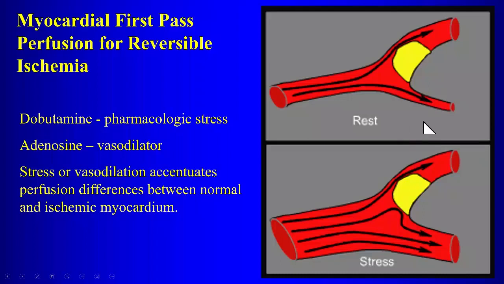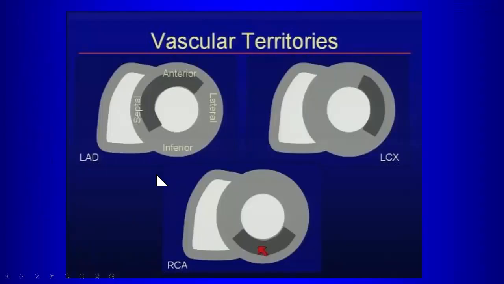But when you stress the patient, or induce pharmacologic vasodilation, you dilate the vessels supplying the normal myocardium, which increases the perfusion to the normal myocardium, but the ischemic myocardium already is receiving maximal perfusion. It can't increase anymore. So it is under the stress condition that you pick up that difference in perfusion between the normal myocardium and the ischemic myocardium. That is the principle of the stress test, looking for these reversible perfusion defects.